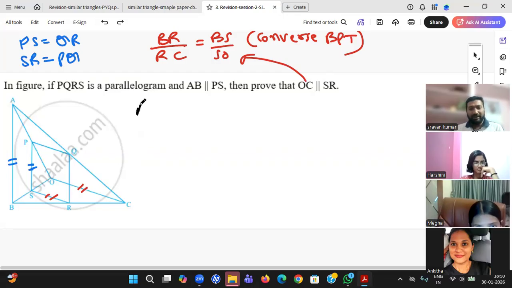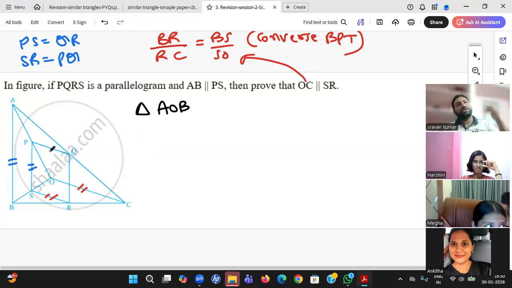Okay, so in triangle AOB, students who have not practiced this question, don't do it, I'll prove it first. Students who already practiced this question, practice again without my help. So I'm taking the big triangle AOB. Go ahead, Megha, what should I write here?